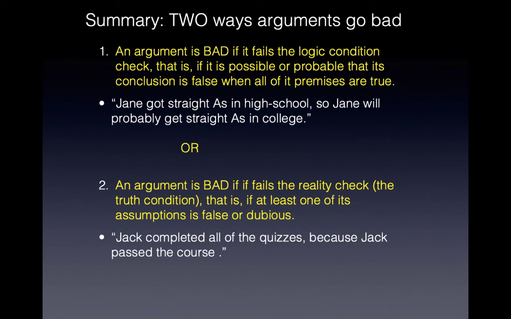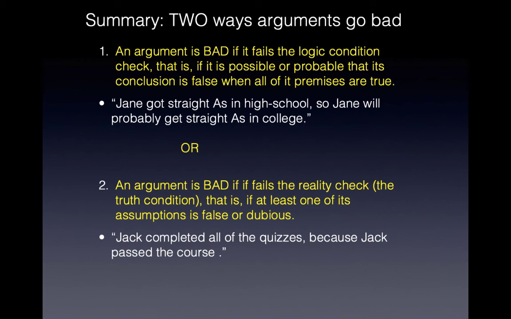Now, you should see that that's an inductive argument, and that in fact, you can use the counterexample test roughly with inductive arguments as well. So here, Jane got straight A's in high school, suppose that's true. Can we conclude then she'll get straight A's in college? Not really, because college and high school are different.